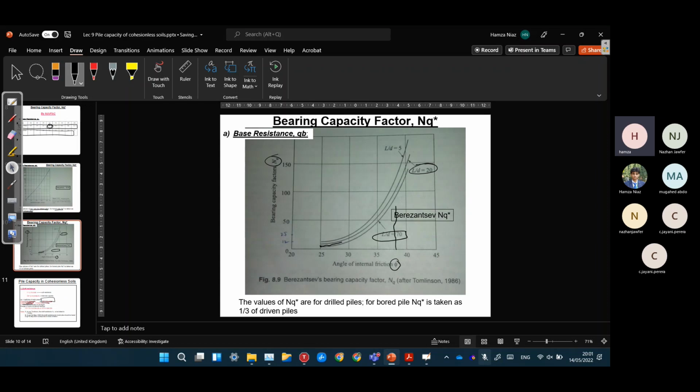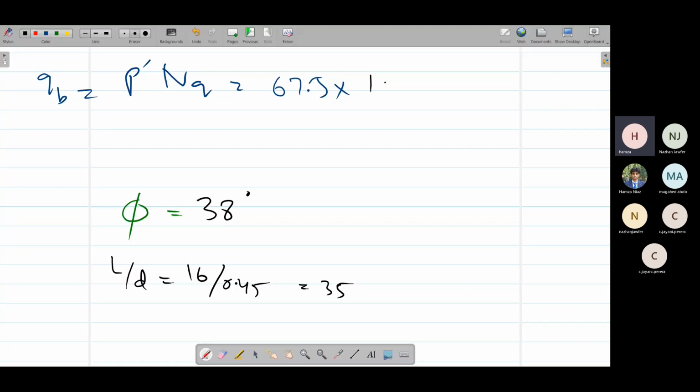Move 38 to the top, and in between these layers simply stop, because we know that the L by D ratio for 35 would be something in the middle, and calculate this NQ value for this layer. Approximately it comes out to be 100, which we can round off. So we can get this NQ value from that method.